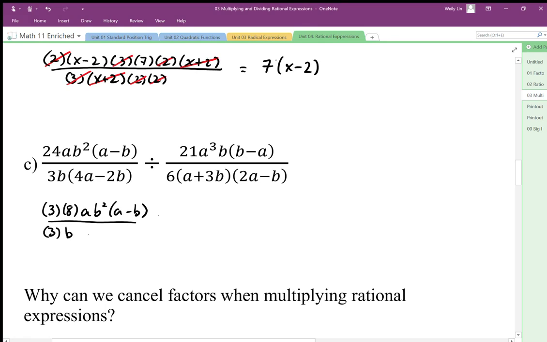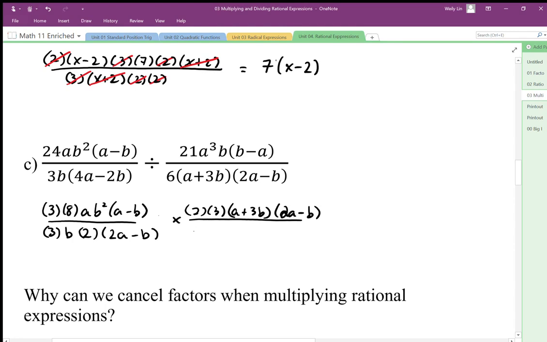This is going to factor a common 2, and I'm left with 2a minus b. I'm going to switch that to times and multiply by the reciprocal. So this is going to be 6, which I'm going to write as 2 times 3. I have an a plus 3b, and I have a 2a minus b. Those will cancel out.